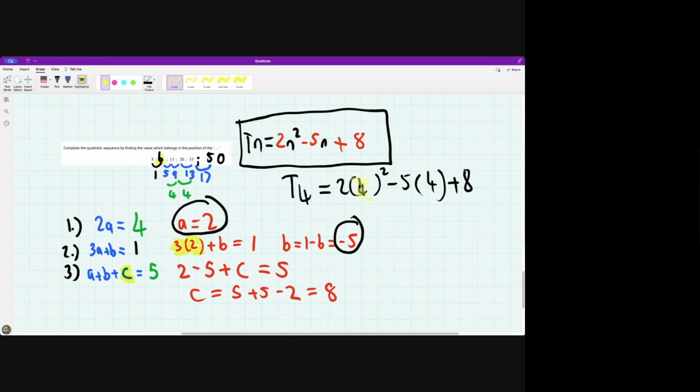So there's a 4, and I'm hoping that the number that we get is the same as T4 in my list. So T4, according to this, was 20. So what are you getting when you plug in 4 using that formula? Tell me what you get.